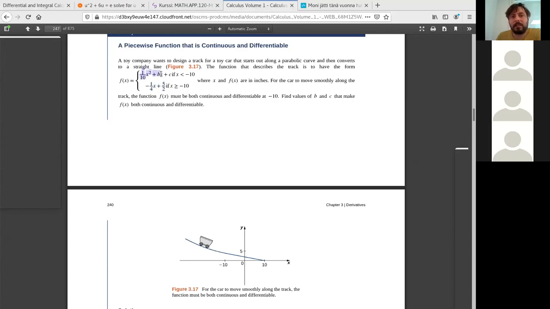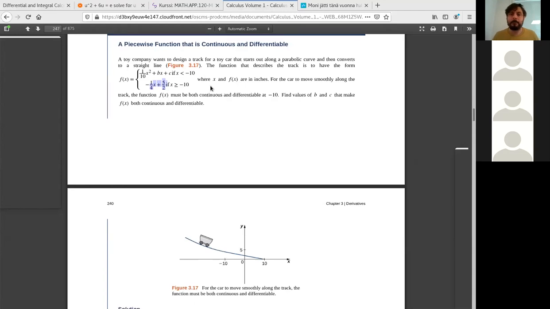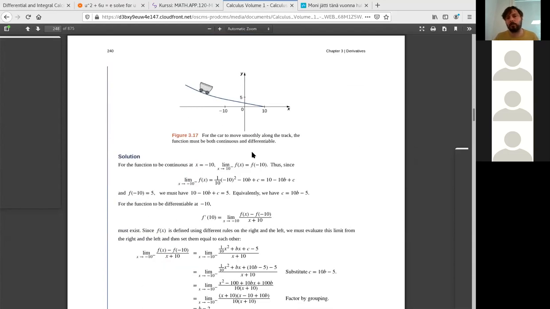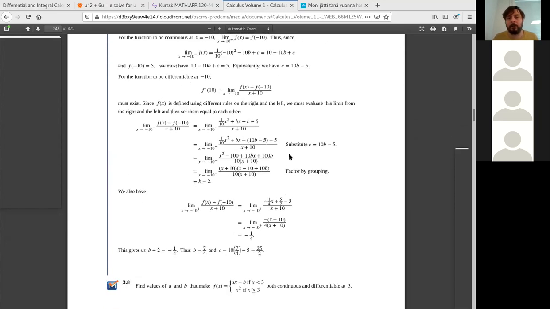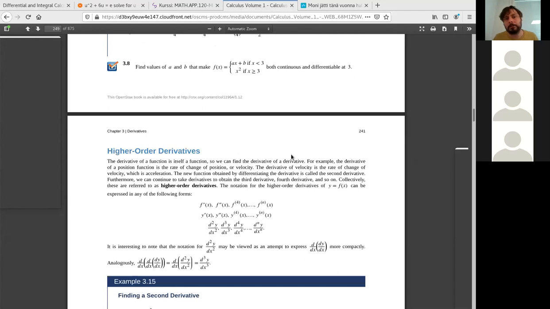Not only that, but the derivative of this must be the same as the derivative of that, so that it is differentiable at -10, because otherwise the limit doesn't exist, right? So here's an example. Please go through it, and I'll put one weekly exercise task for next week, which covers a similar matter.